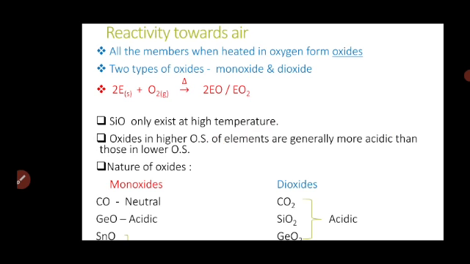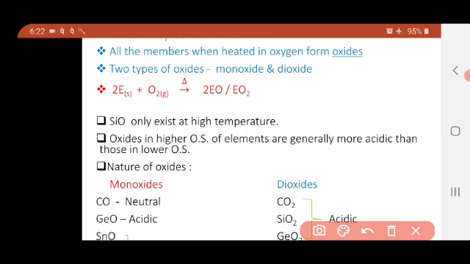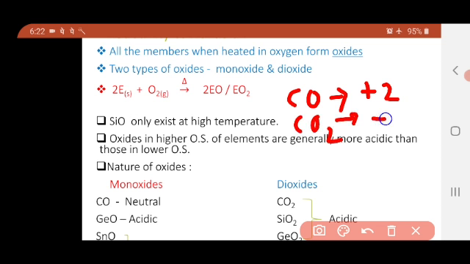What does it mean? See here, for example, in EO, that is CO, carbon monoxide, the oxidation state of carbon is +2, whereas in CO2 the oxidation state is +4.